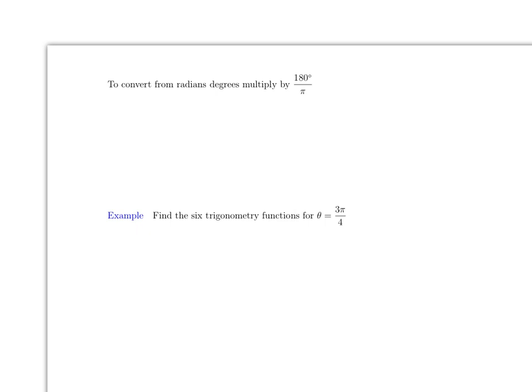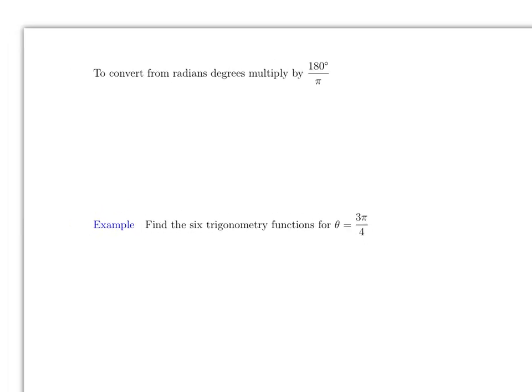So to convert from radians to degrees, now you want to multiply by 180 over pi. So for example, let's say you have 3 pi over 4, and you want to know what that is in degrees. So we're going to multiply this by 180 over pi. Notice that the pi's will cancel right away.